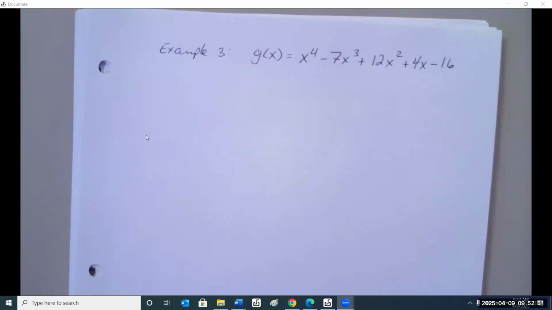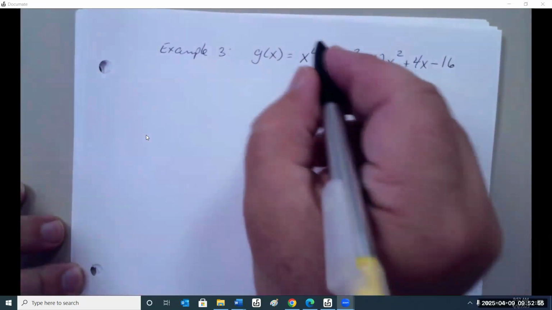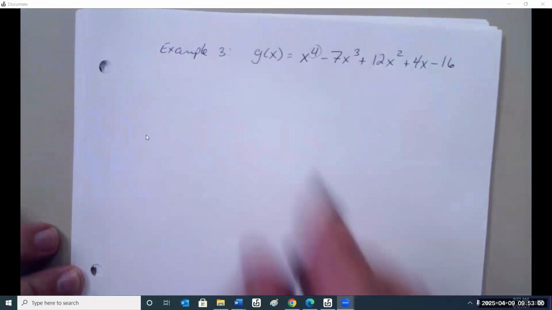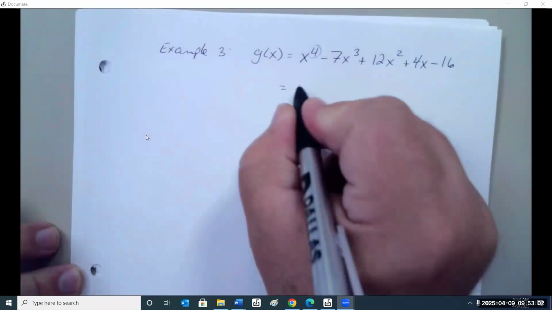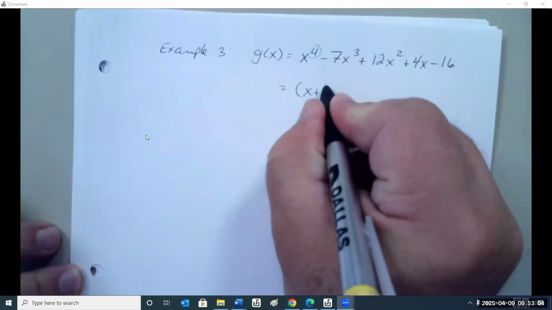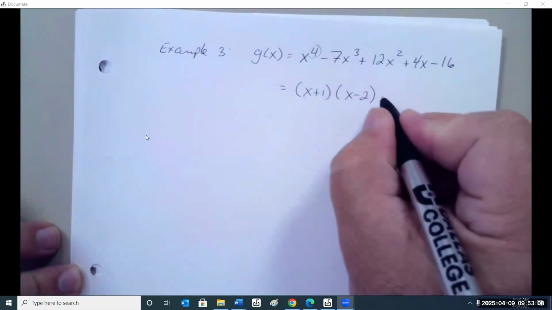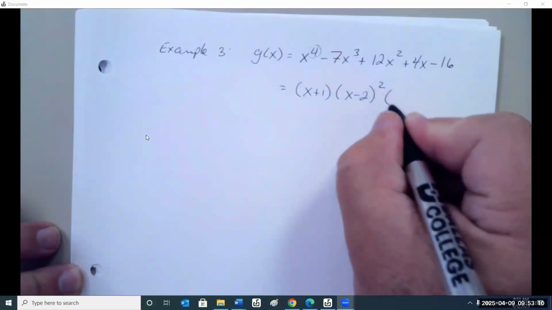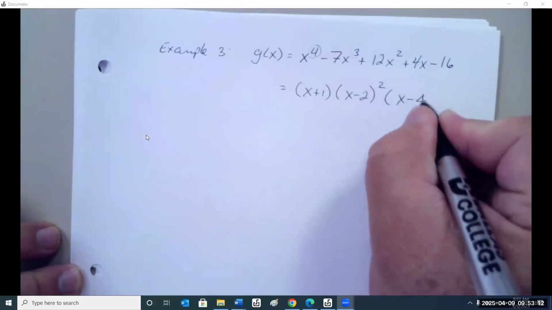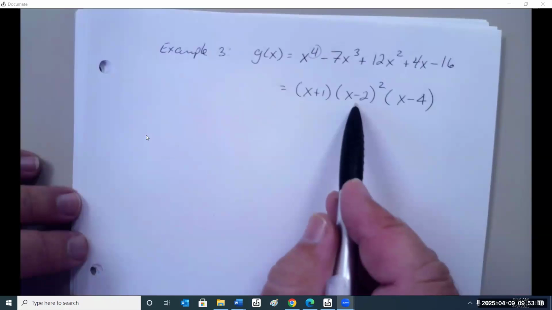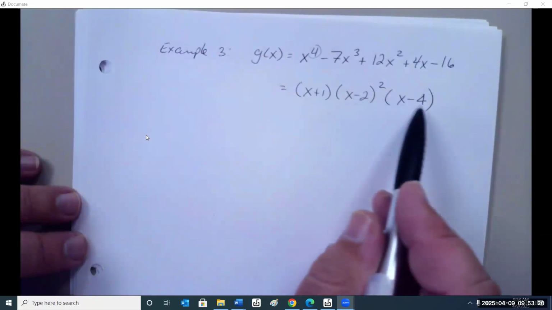Next week, I'm going to teach you how we can just solve that, find the x-intercepts, because we'll have at most 4 x-intercepts. But for right now, I will give you the factored form. So the factored form is x plus 1, x minus 2, x minus 2, x minus 4.